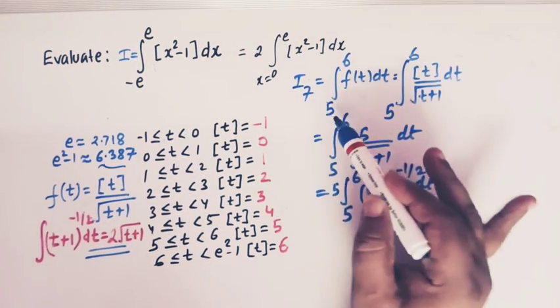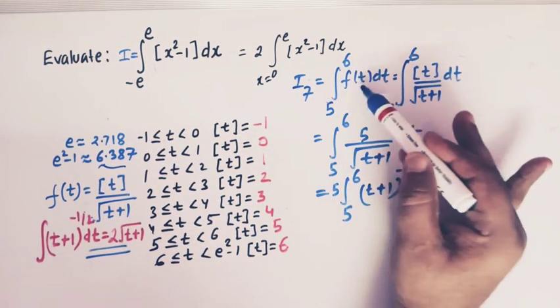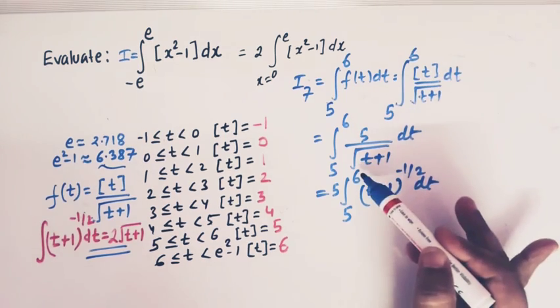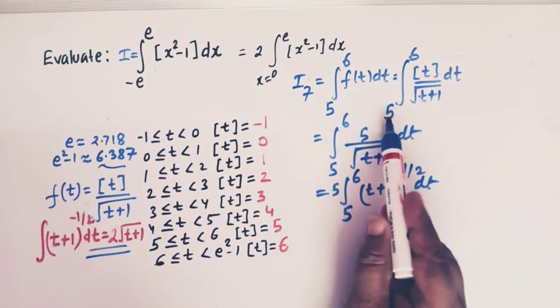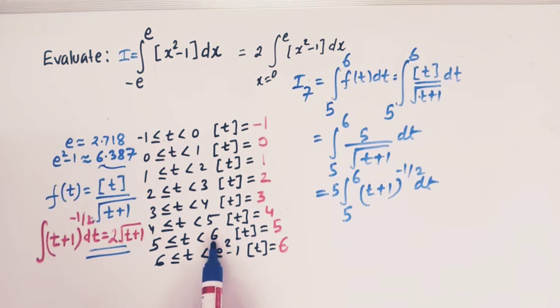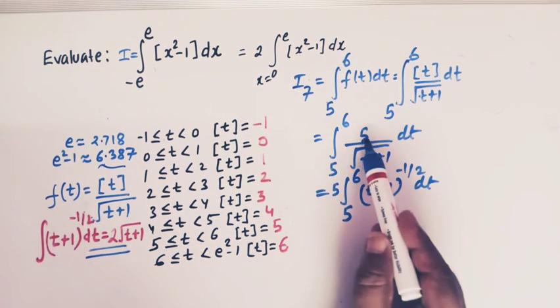So I7 is the integral from 5 to 6 of f of t dt, and now when t lies between 5 and 6, the value of the greatest integer t is 5.